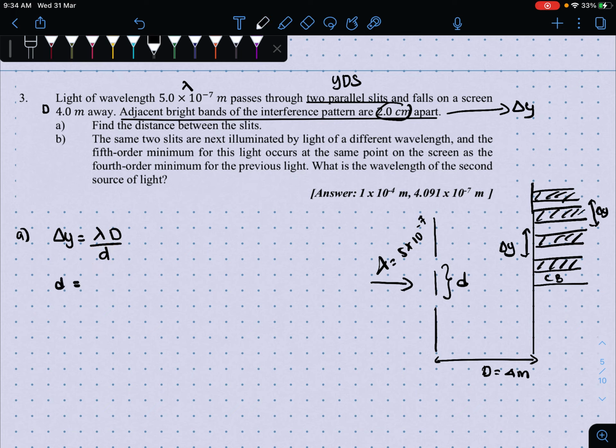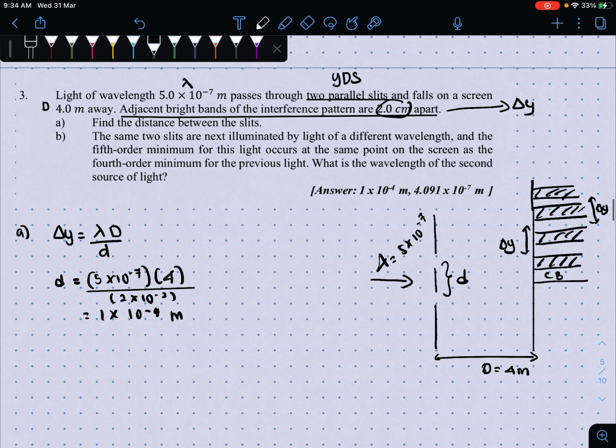So small d is going to become lambda 5 times 10 to the power negative 7 multiplied with capital D 4 meter divided by my delta y, which is 2 centimeter. And then I will end up with d as 1 times 10 to the power negative 4 meter. So this is my small d here, the distance between the slits.